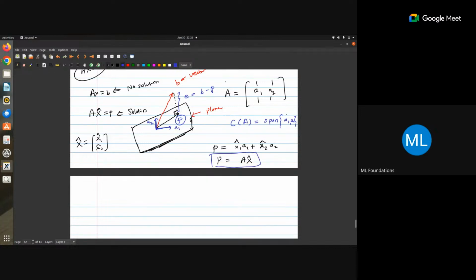One more thing: this E is perpendicular to the plane, so can I say that it is perpendicular to A1 and A2? So A1 transpose E should be equal to 0 and A2 transpose E should be equal to 0, right?